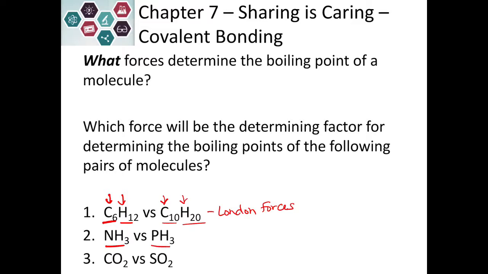NH3 versus PH3. NH3 has hydrogen bonding while PH3 does not. So that's the key difference. CO2 versus SO2. CO2 is nonpolar. SO2 is polar. So it's dipole forces. That is the key difference.